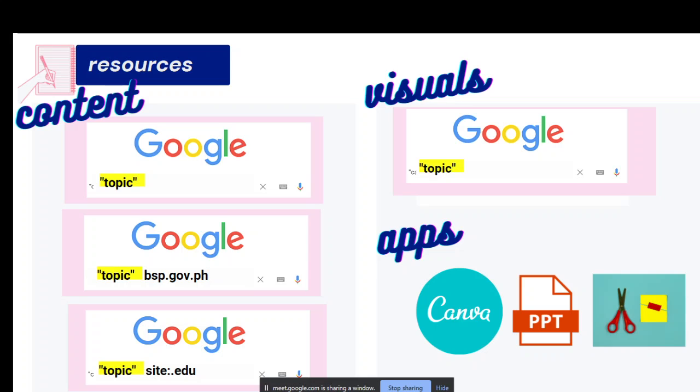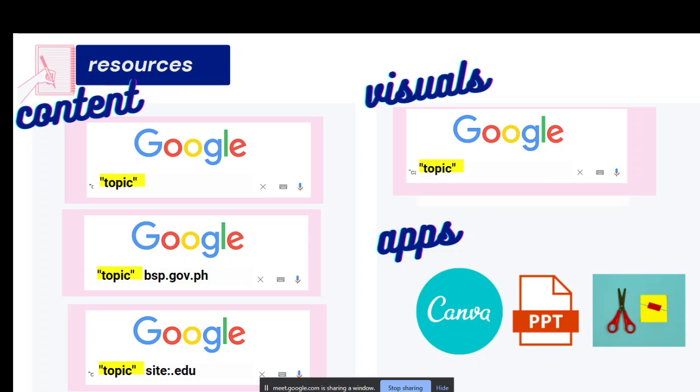Put the topic and then put bsp.gov.ph for Bangko Sentral, kasi sometimes they would have information regarding that. Or you could also use the shortcut site, colon, and .edu. And it will link you to a lot of education resources from universities as well as schools. So the resources are a bit more trustworthy.